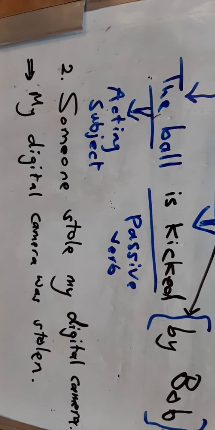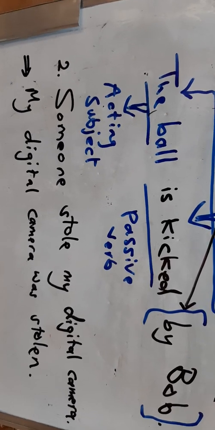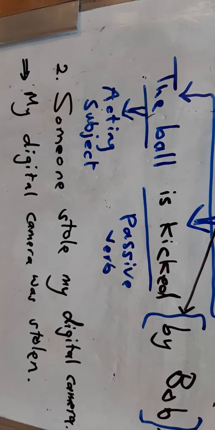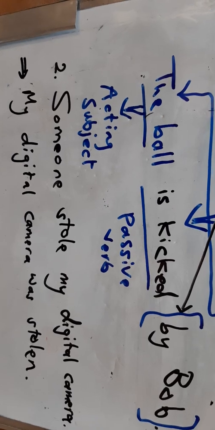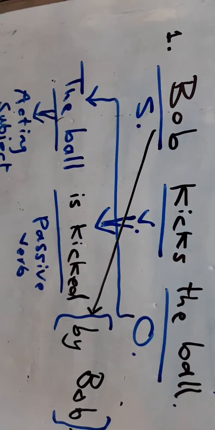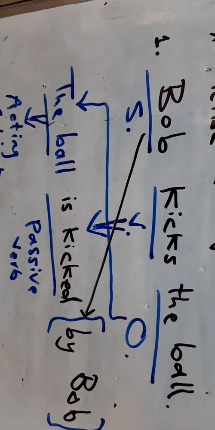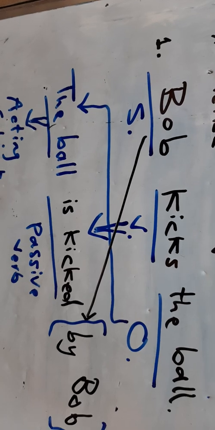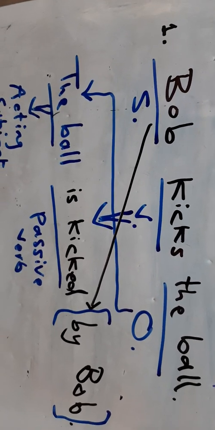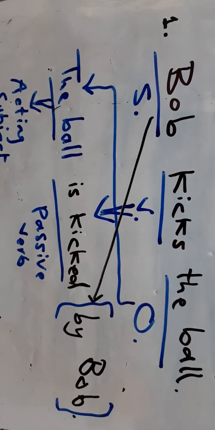As you can see, my dear students, the idea of the English passive concerns the position of the words themselves. So the object comes at the beginning, then you change the verb into passive, and the subject can be mentioned but introduced or preceded by the preposition by.